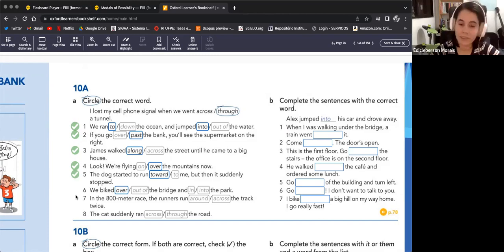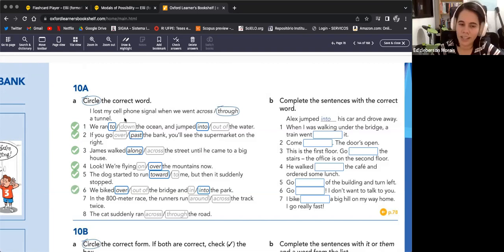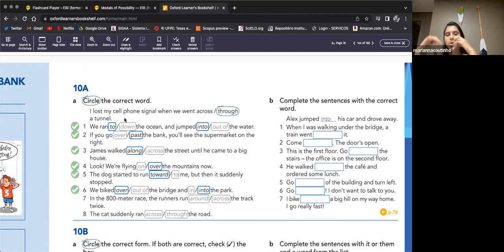And into the park. Is that correct? Okay. Into é entrar por dentro do parque. So we biked over the bridge, que é em cima da ponte, né? Por cima, over the bridge, and into the park.